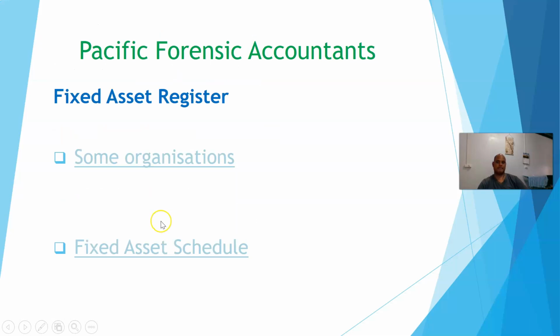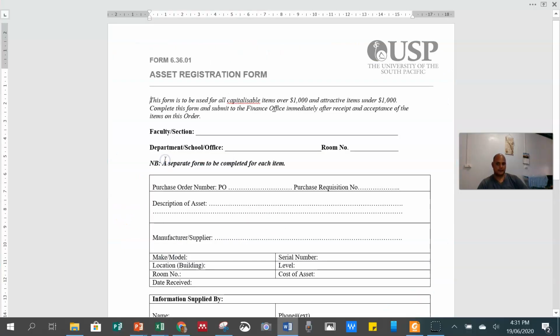Before I start showing you how to set up your fixed asset register, to help your organization in registering your assets, let's click onto this one here. This is the USP asset register form.